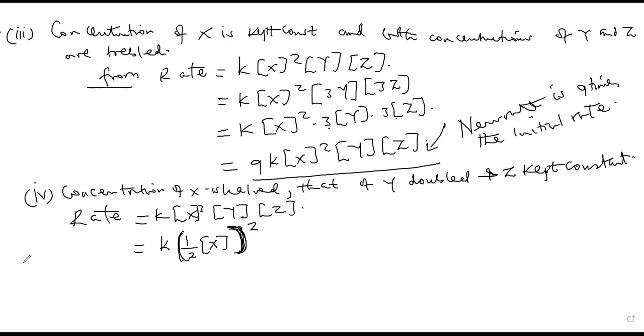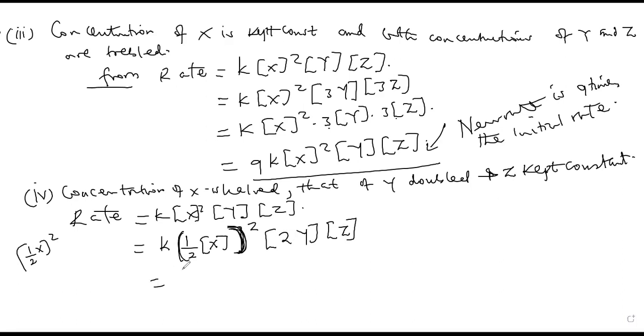One can write it as a half X, then everything is squared. Still it works. Then Y is doubled, so we shall have 2Y, and then Z kept constant.